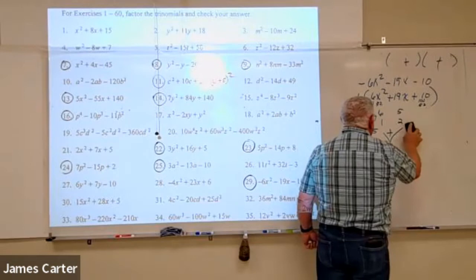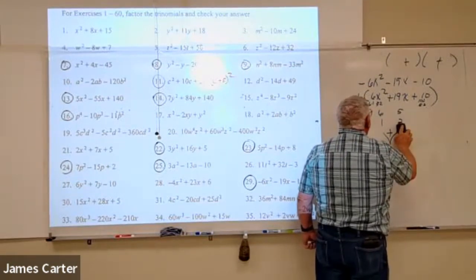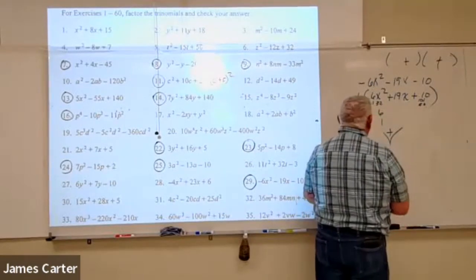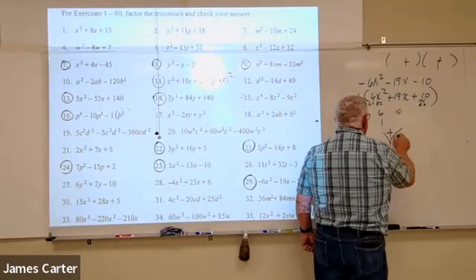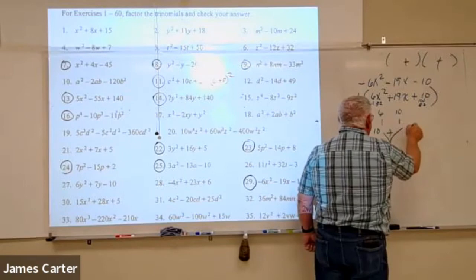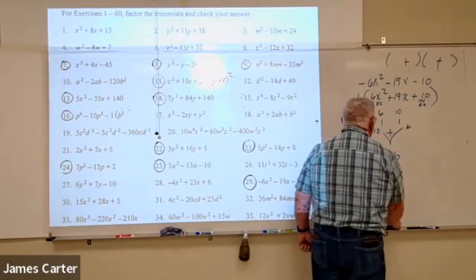Let's try something different. Let's try the 10 and 1, but I certainly can't put the 10 here. If I put the 10 there and the 1 there, here I get 10, here I get 6. And that'd be 16, so that doesn't work.